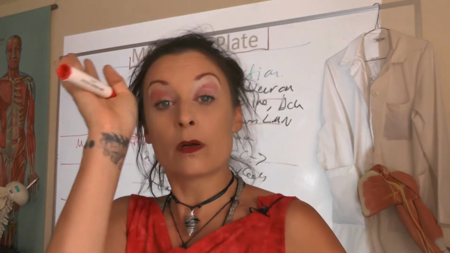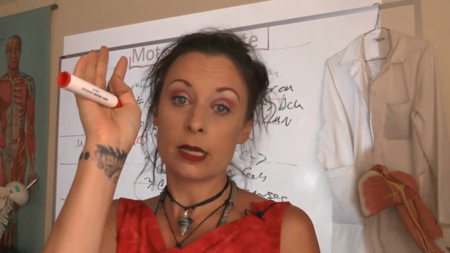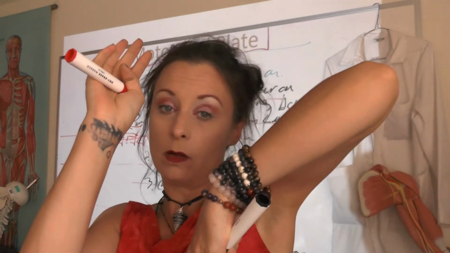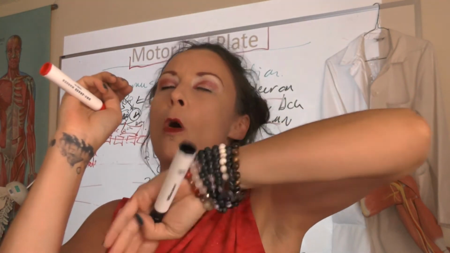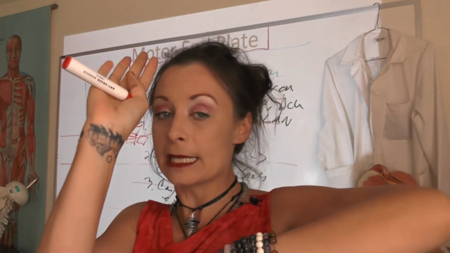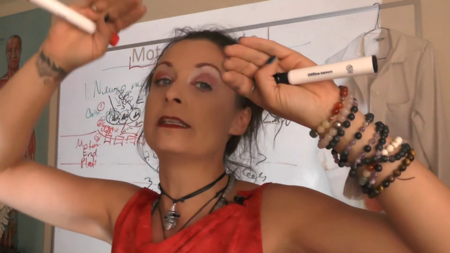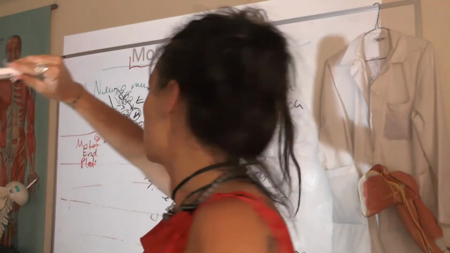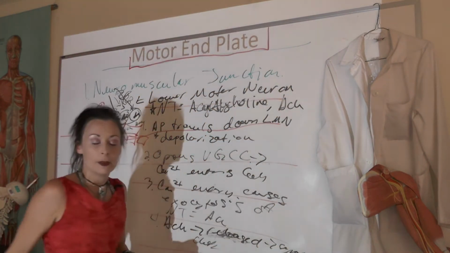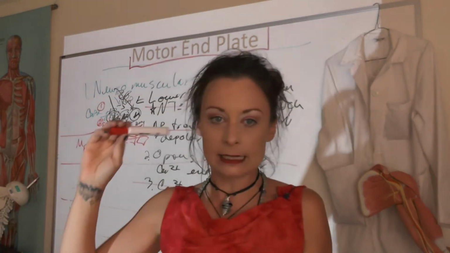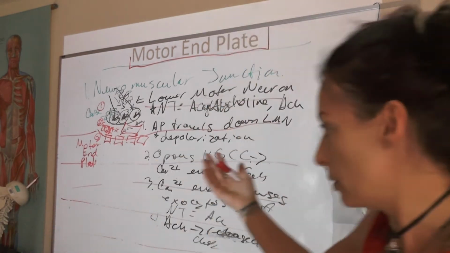Potassium is going to move out of the cell down its concentration gradient. Sodium is going to move into the cell down its concentration gradient. The influx of sodium is so much greater than the efflux of potassium that we will have a depolarizing event. We're going to call that here the end plate potential. In our neurons, it was an excitatory postsynaptic potential. You could still think about it the same way.